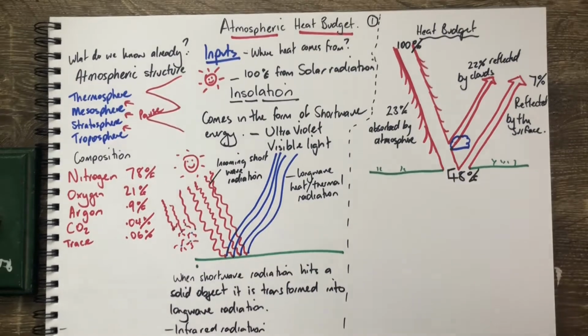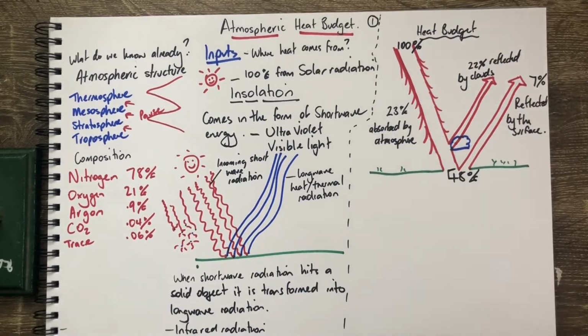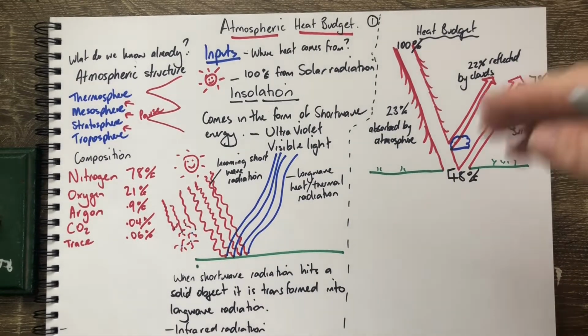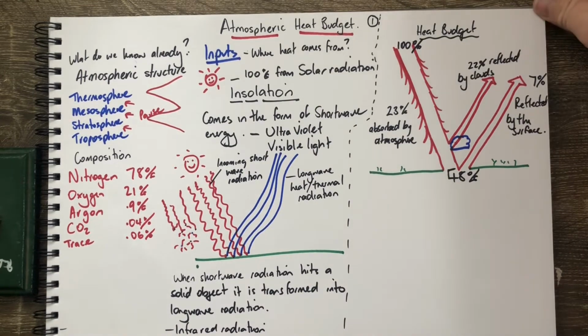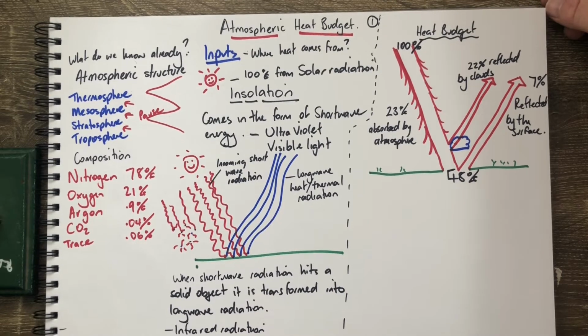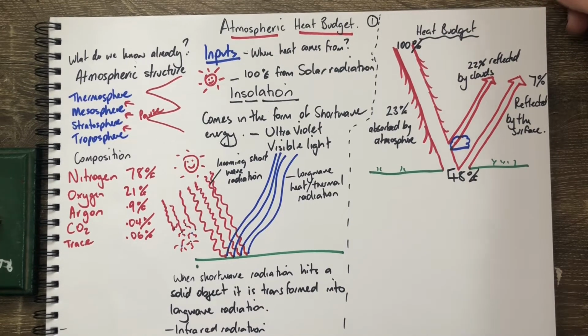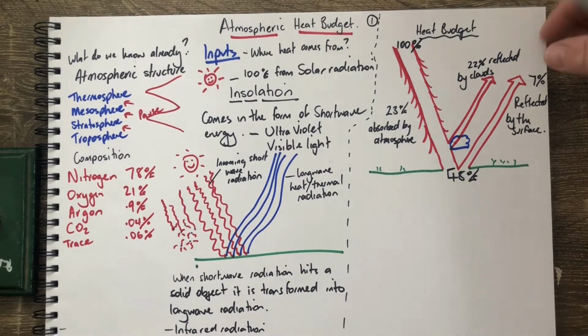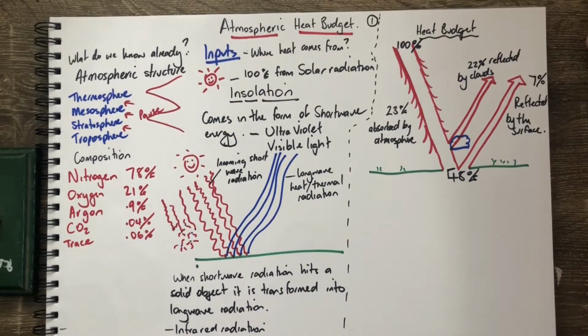Now, this can vary. This is a very generalized heat budget. It depends on where you are. For example, if you live in the United Kingdom, somewhere where it's overcast all the time, then a lot more of that insolation is going to be reflected by cloud cover.